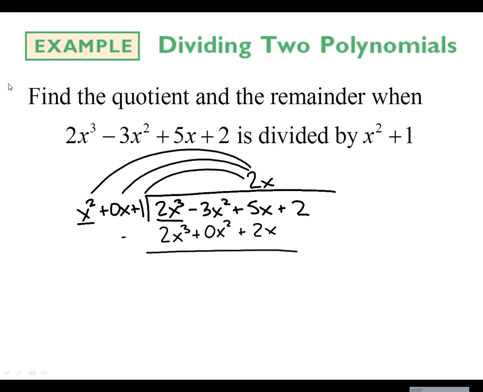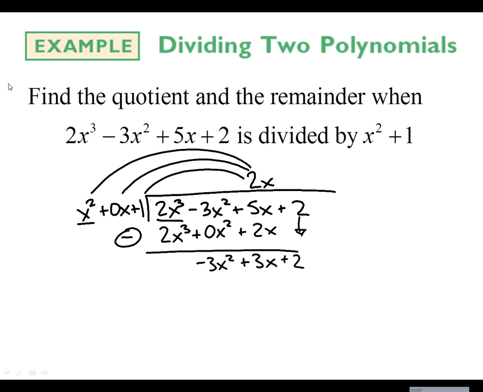And we're going to subtract straight down, just like we did with the long division of the normal integers. Okay, those cancel out. We've got negative 3x squared. We've got 3x, remember we're subtracting. And then we're going to bring down the last term, plus 2, just like we would in normal division.